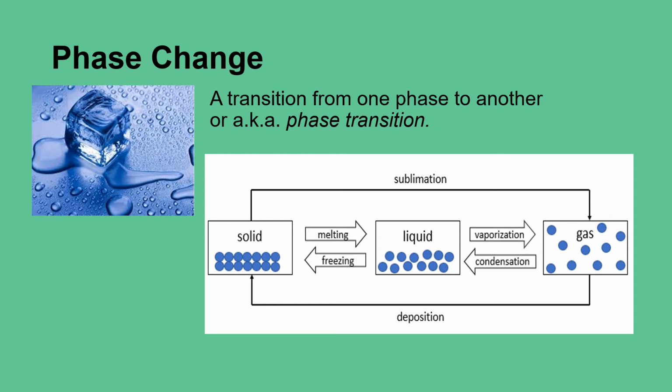Some solids, such as dry ice or solid carbon dioxide, air fresheners as well as mothballs, change directly from solid to the gaseous phase. This process is called sublimation. On the other hand, a phase change from gas to a solid is called deposition.